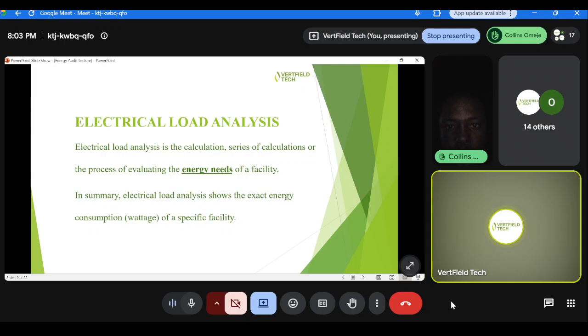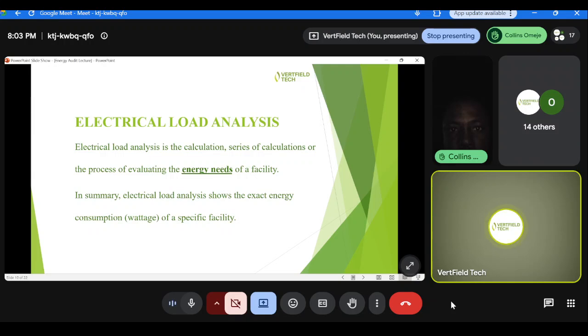Electrical load analysis is a calculation, a series of calculations or processes of evaluating the energy needs of a facility.